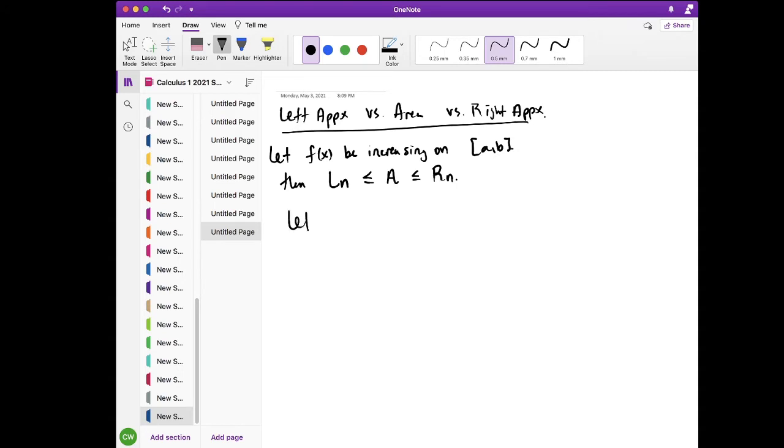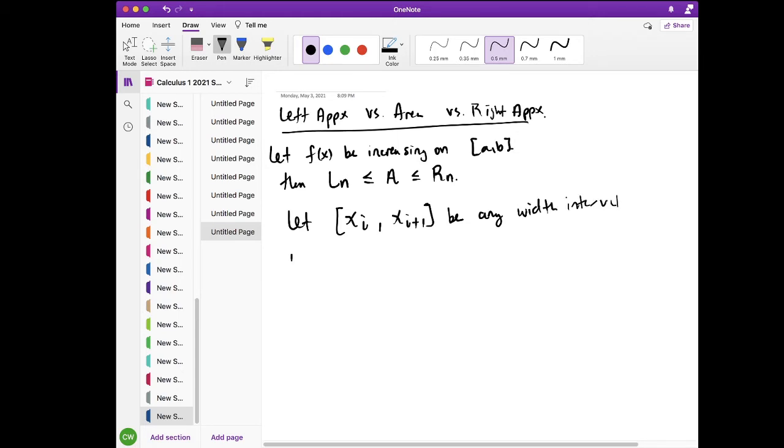So let's say x_i and x_{i+1}. Let this be any width interval. Okay, so just as a picture, here's an increasing graph from A to B, and here's a width interval x_{i+1}.